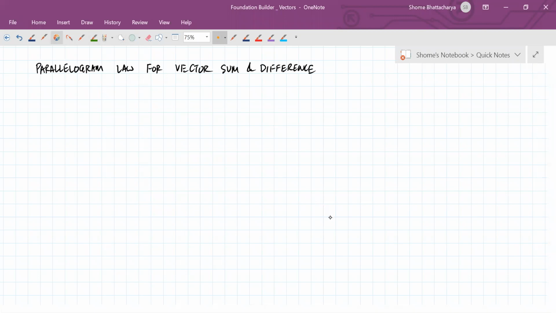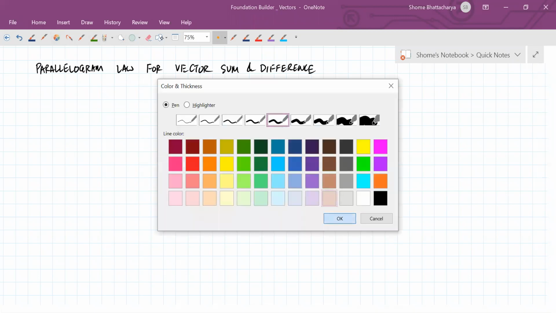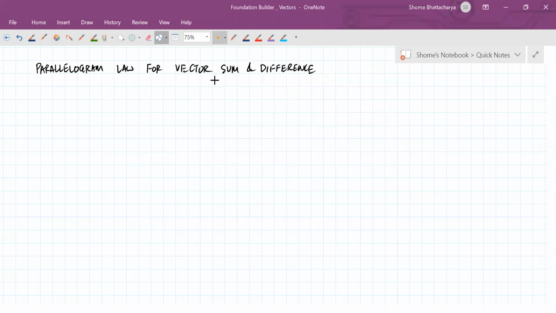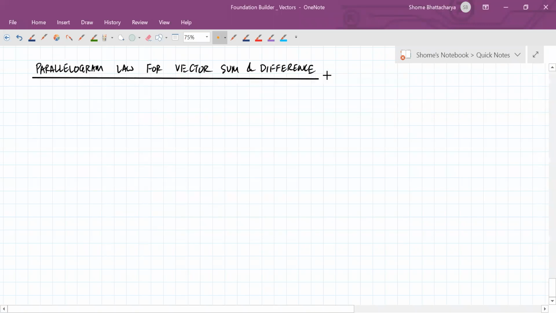So the simple individual triangle law formulae and statements that we had got for the sum and the difference, we can combine them into one, and that is called the parallelogram law.